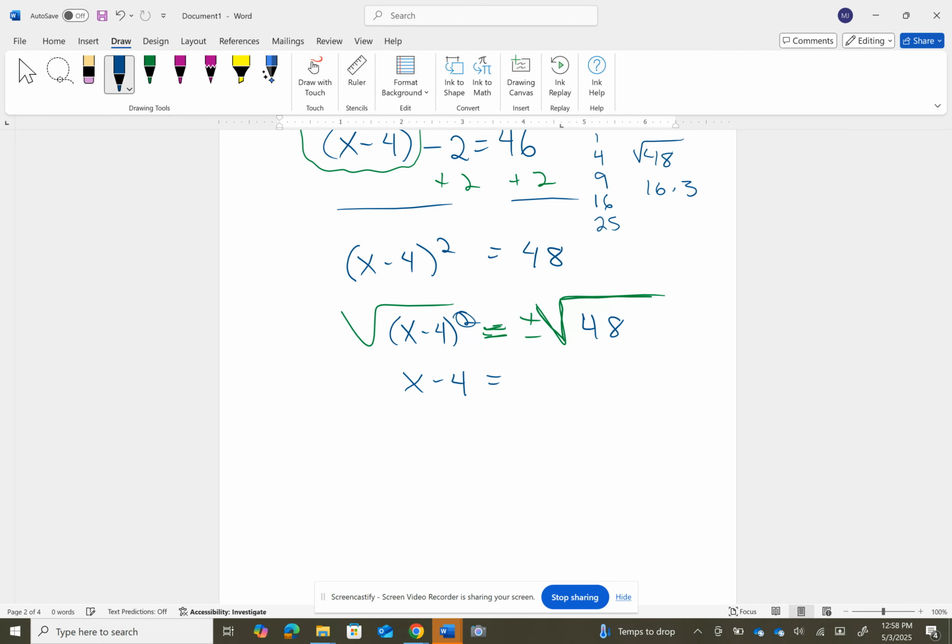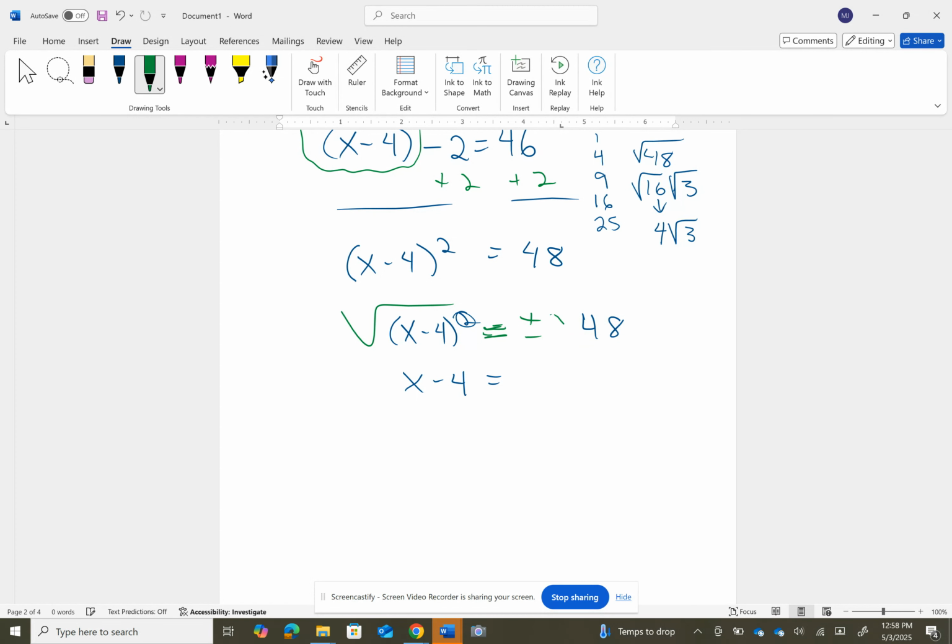So the square root of 48 is the square root of 16 times the square root of 3, and you can simplify the square root of 16 to get 4 square root of 3. That's a good way to do it, especially when the numbers are kind of small.